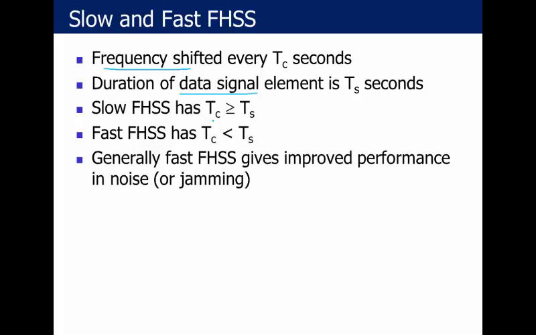If channel shifting time is greater than data transmission time, so the data transmission time is smaller than the channel shifting time, then from the data rate point of view, everything goes slow, right?